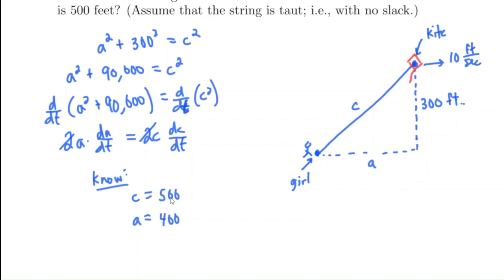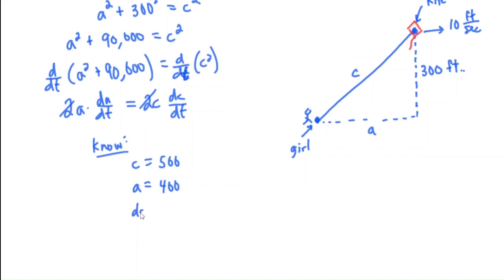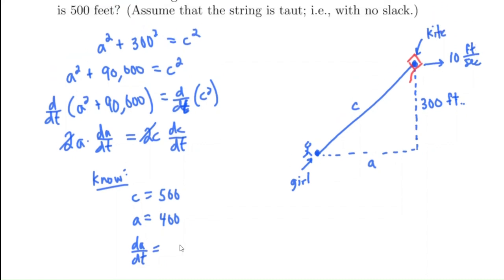So you can check it if you want, but that's what A is going to end up being, 400. Now we also know that dA/dt, the rate of change of A, how fast A is changing, this horizontal distance, is 10 feet per second. Okay, so dA/dt is 10. So these are really 500 feet, 400 feet, and this is 10 feet per second.